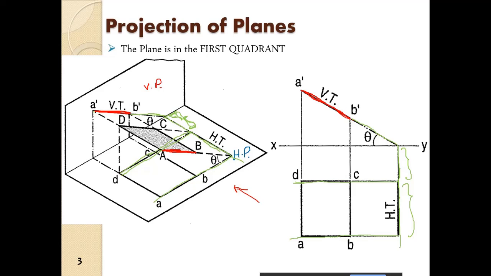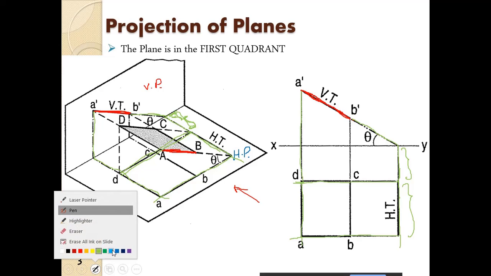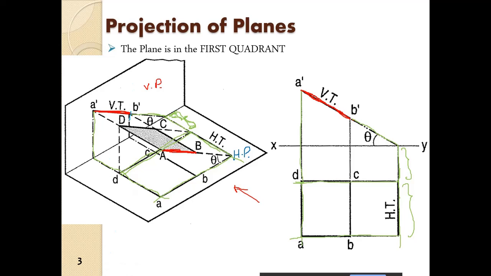Then from the vertical trace, we project the point A dash up to A. Similarly, we project the point B dash up to the point B. So we get the intersection points D, C, A, and B, which also happen to be the projections of the points A, B, C, D on the horizontal plane.